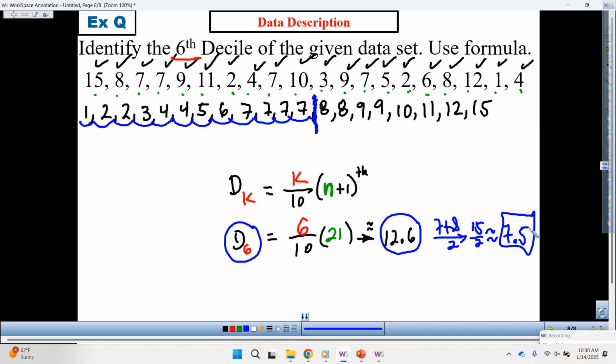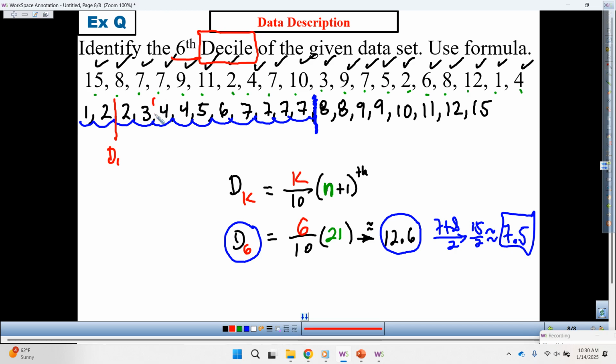Now, check this out. Let me elaborate a little bit more. Writing utensils down, look up to the screen. The word decile comes from the Latin word decim, which, if you speak it in Spanish, diez or des, means 10. So you're like, Mr. Q, but there's 20 numbers. Okay, but if we divide the 20 numbers into 10 sections, we go by how many? Every 2, is that correct? So let's do this together. Go 2 numbers, you're going to label that D1.